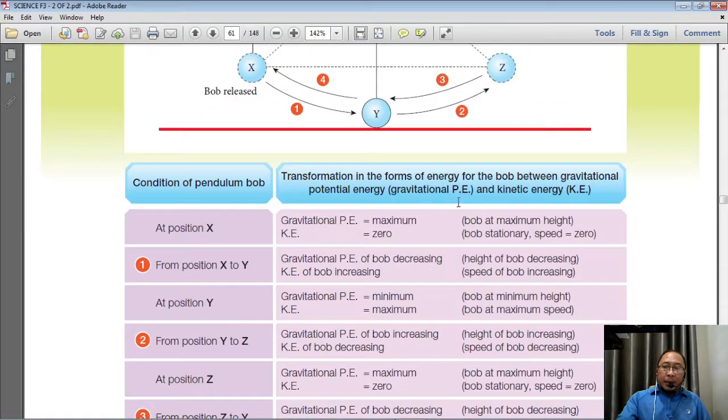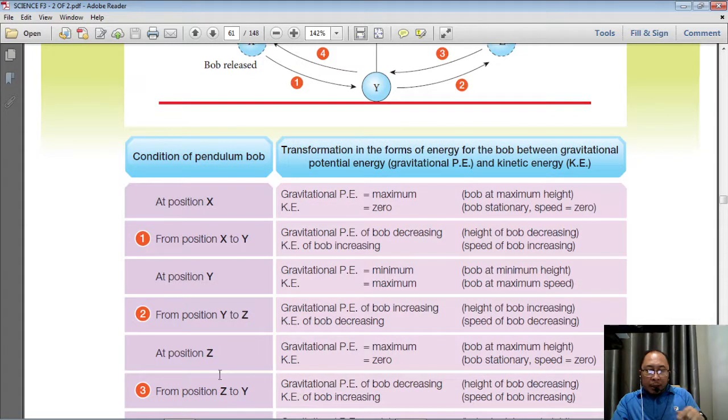Position Z is the maximum that can be reached by the pendulum bob, and as we have learned just now, this is the highest position of gravitational potential energy.